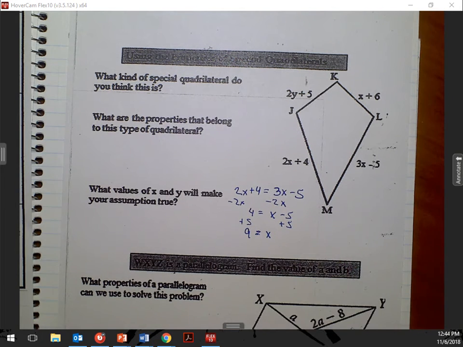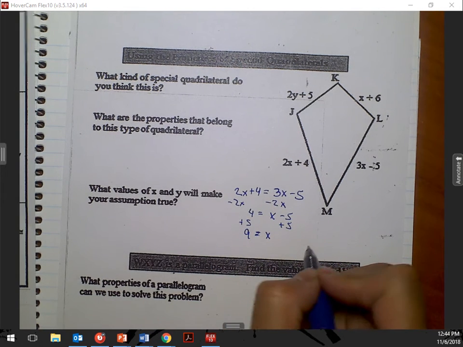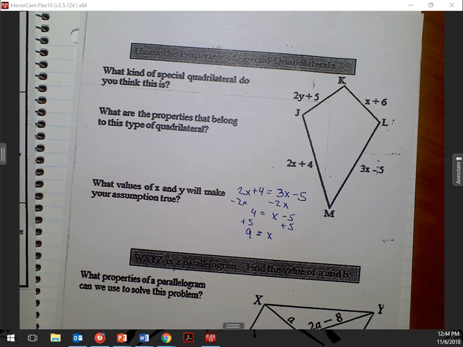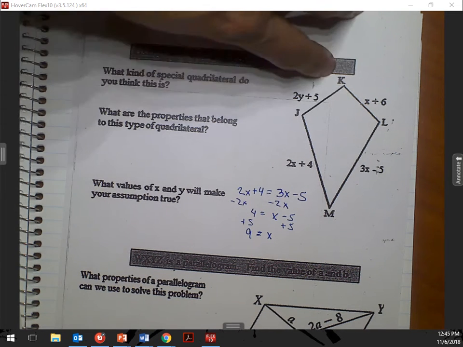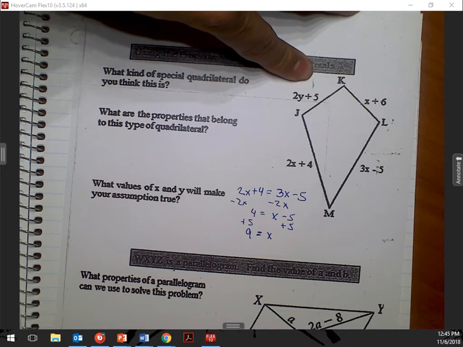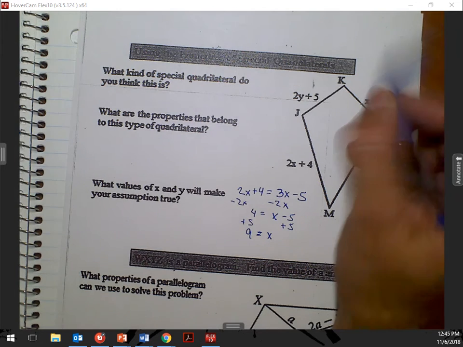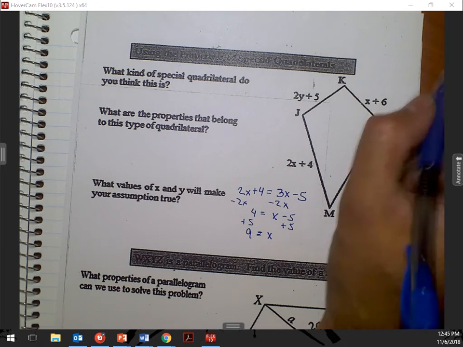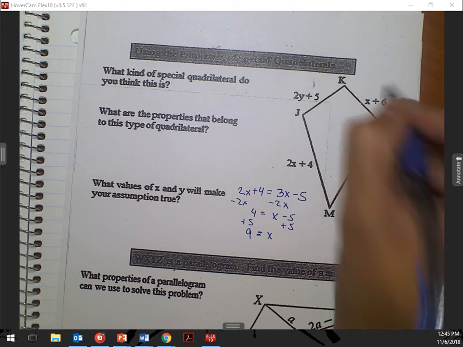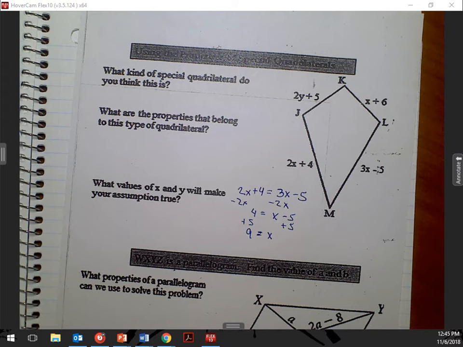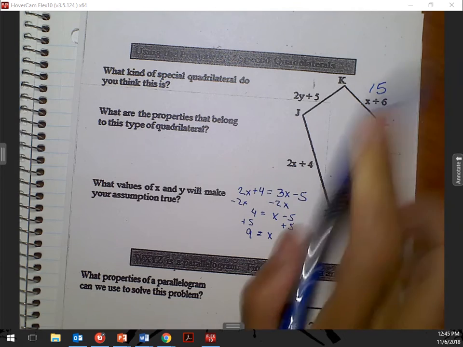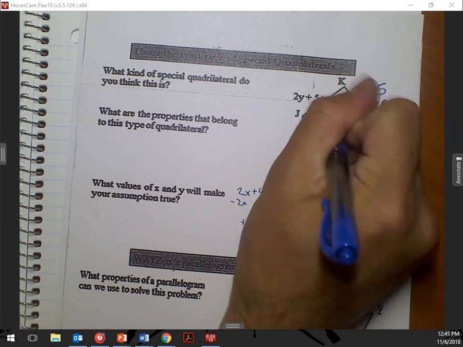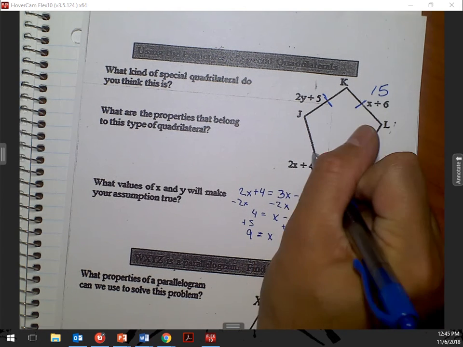All right, so that's helpful. So if x is 9, what can I do with my x value now? Can I plug it in up here so I can actually solve for y? Yes. Very good. So 9 plus 6 is 15. So this is 15. So I know that this one here, I'll even put my marks here.